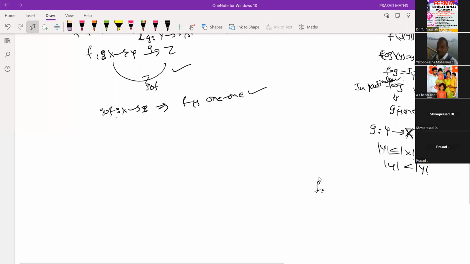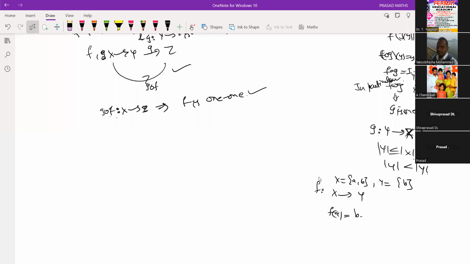Suppose you take x is equal to {a} and y is equal to {a, b}. If f is a function from x to y such that f of a is equal to b.